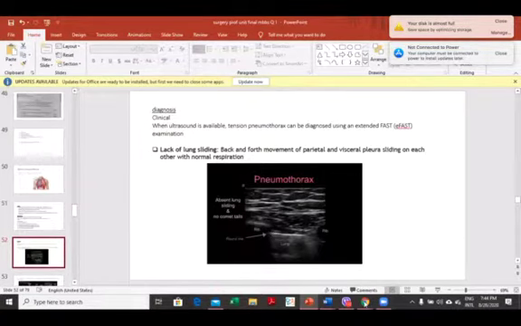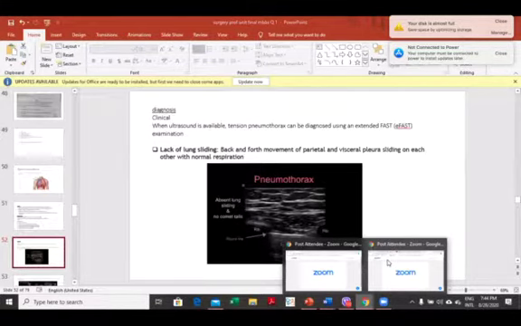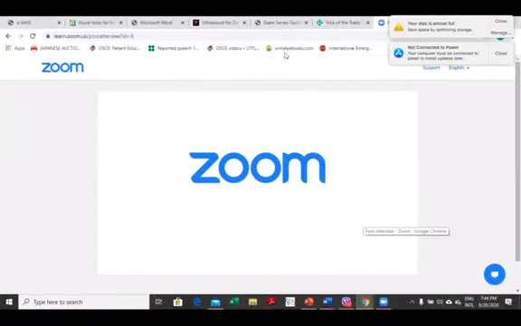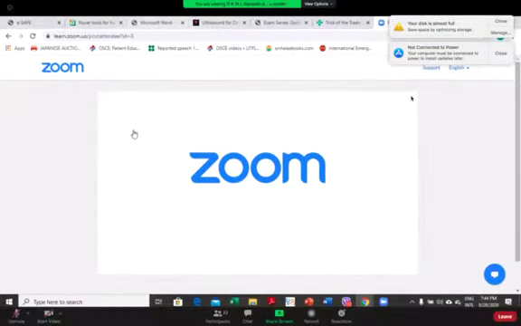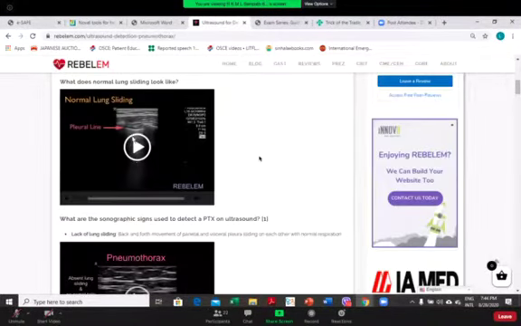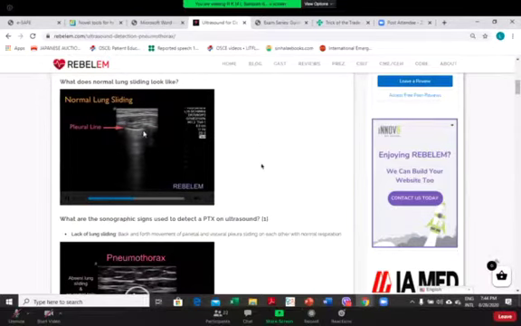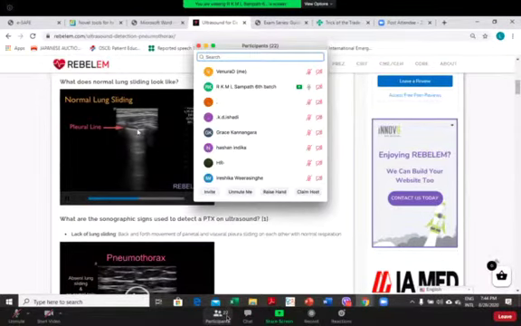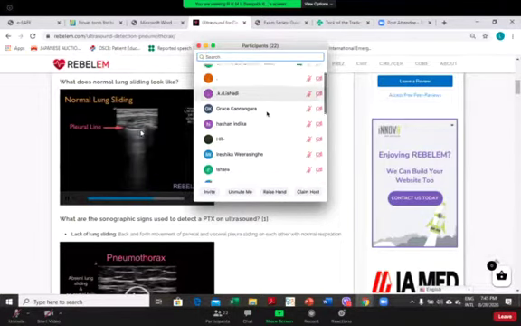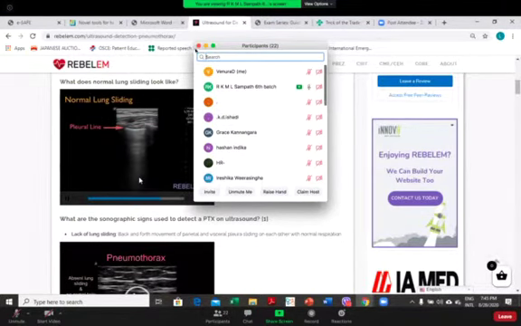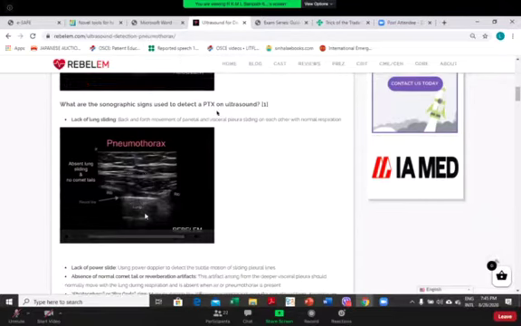Showing a video. Can you see this? Can you see the movements here? Yes, there are movements. This is normal lung. These movements are between parietal and visceral pleura. And then see this one.